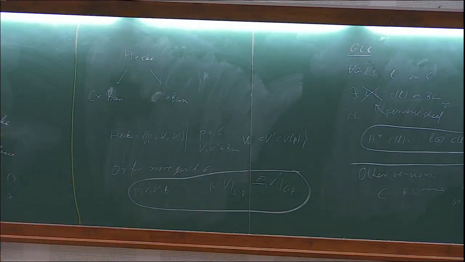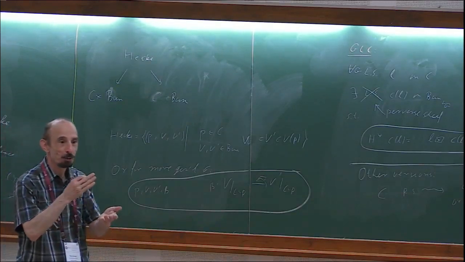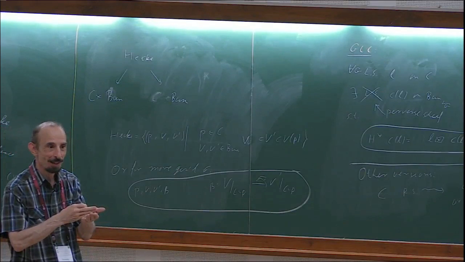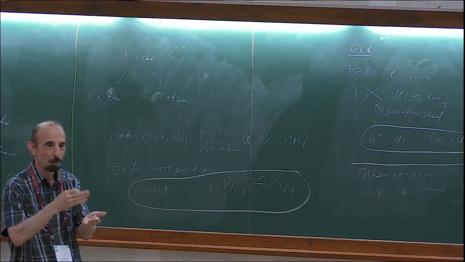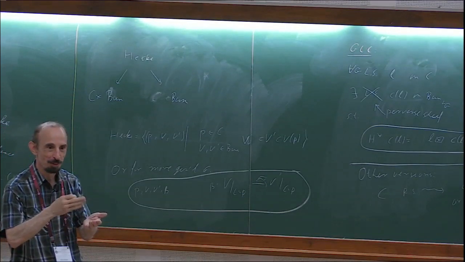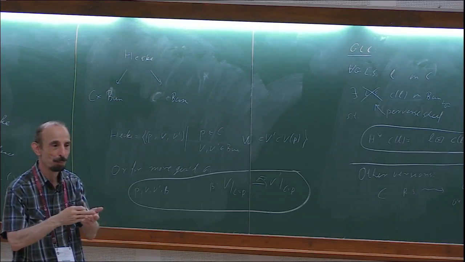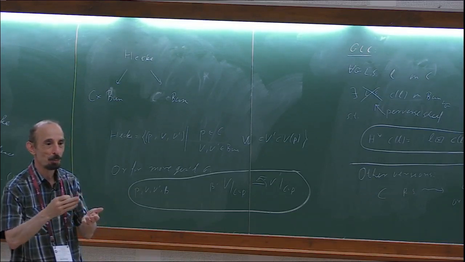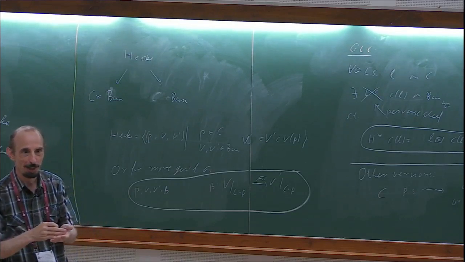So we need some way of assigning to each prime a vector space over the residue field of that prime, so to a prime p, you want a vector space over the p-adics, something like that.